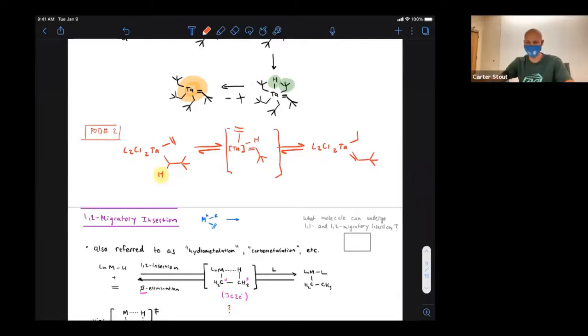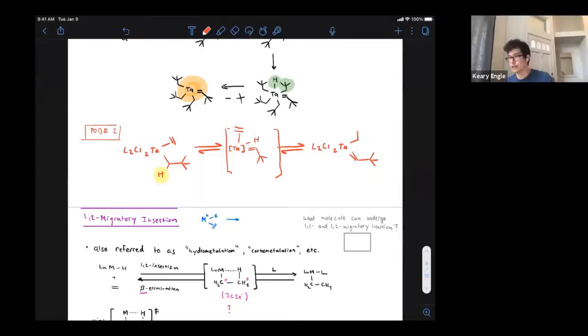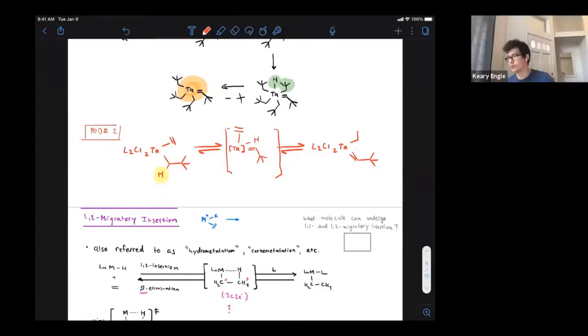And because these are in equilibrium, you can assume that they have similar stabilities. Okay, super. Kiri, I have a question. I was wondering how can I push electrons in the hydride shift? Is it like a 2-electron process from the hydride to the tantalum? Yeah, this is a little bit tricky because as we'll see when we learn about carbenes next class and how to count electrons, you can actually think of this as a formal oxidative addition.